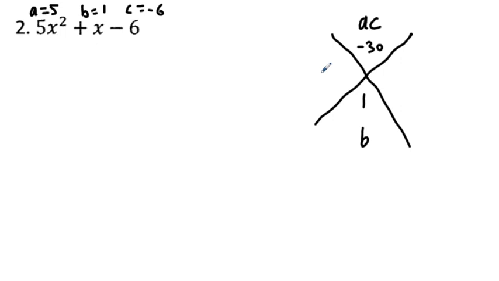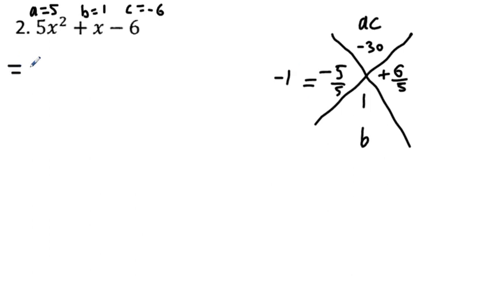Well, one of them is going to be negative, and the other one's going to be positive, because we have to have negative times positive. Well, how about 6 and 5? And it's positive 1, so I think we have negative 5 over here and positive 6. And next we divide by a, and a is 5. So we simplify, we get negative 5 over 5 equals negative 1.